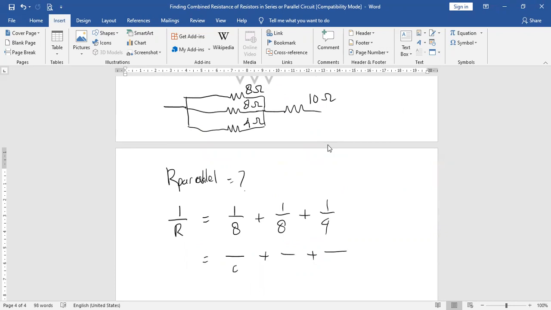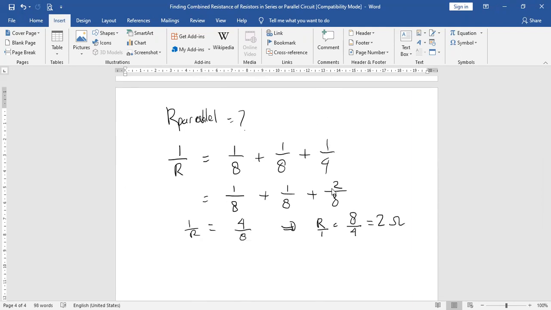Find the least common multiple. So you got 8 over here: 1, 1, 2. So you got 4 out of 8 for 1 per R, which means R per 1 equals 8 out of 4, which is 2 ohm.